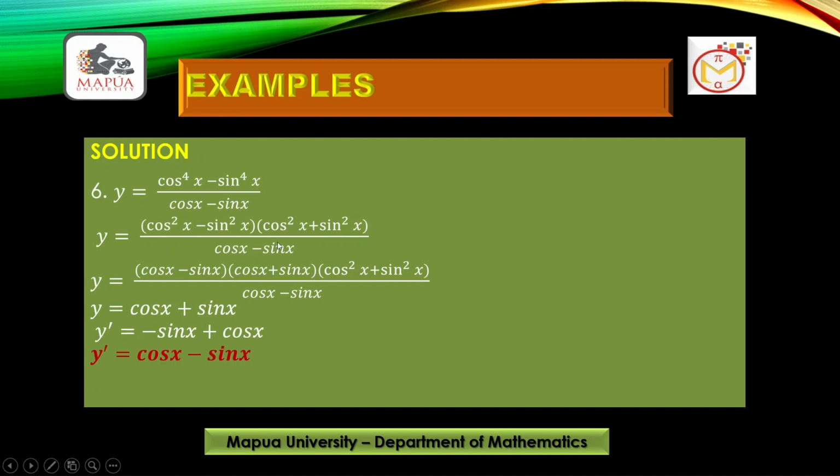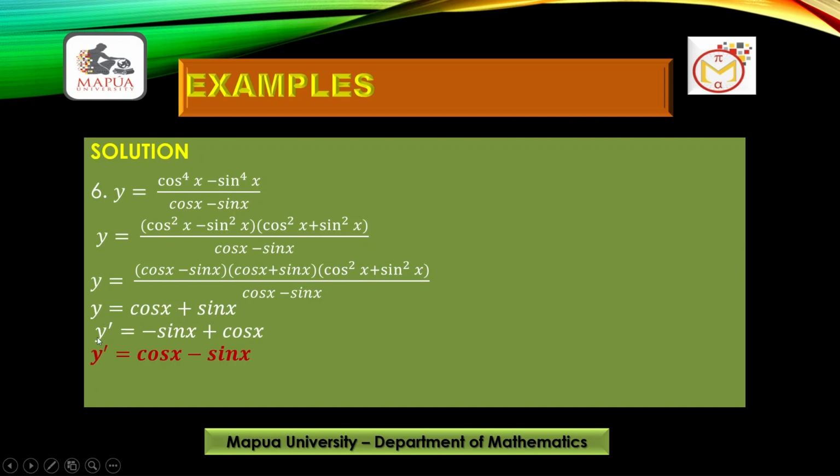Then the cosine squared x plus sine squared x is another identity which is equal to 1. The cosine squared x minus sine squared x can be factored as cosine x minus sine x times cosine x plus sine x. We can reduce the quantity cosine x minus sine x, and the remaining is cosine x plus sine x. So we can simplify our function as y equal to cosine x plus sine x.